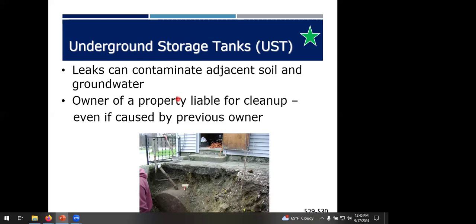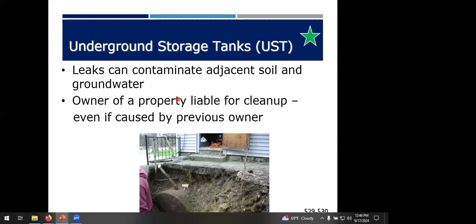And as they corrode, anything in them, such as oils, gases, various things that we may need to heat our property, will start leaking. And as we just said, when they leak, they get into our groundwater, and now we have an environmental issue.